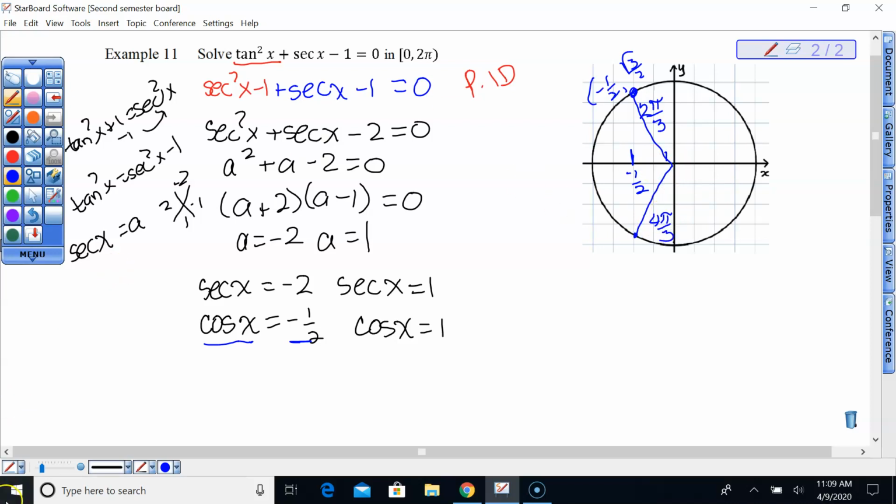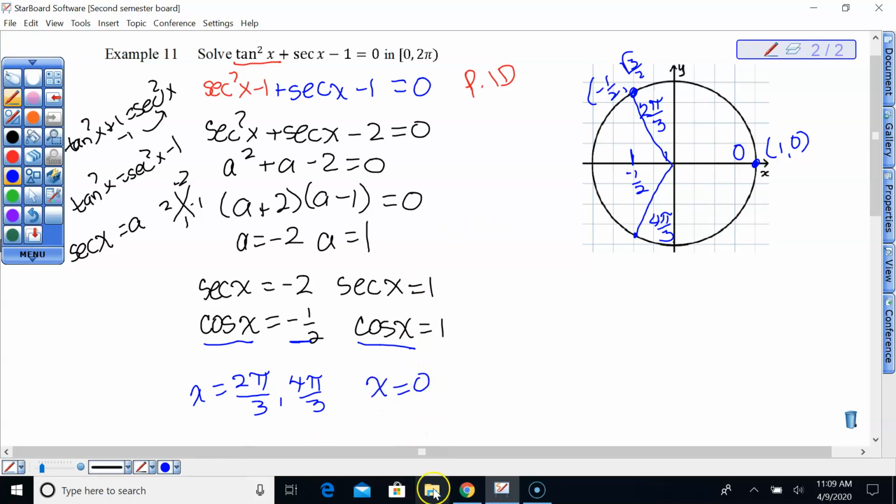So our solutions there would be x equals 2 pi over 3 and 4 pi over 3. And then cosine x equals 1, so our x coordinate would be 1, and that would be here at 1, 0. And so that would be at 0 radians, so x equals 0.